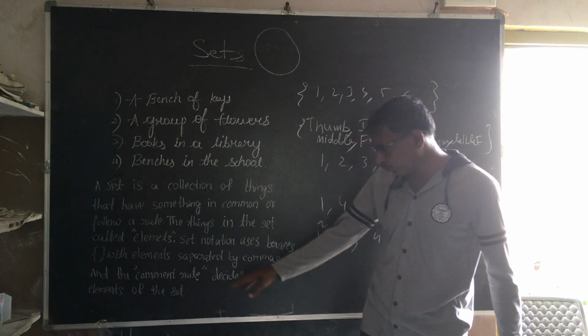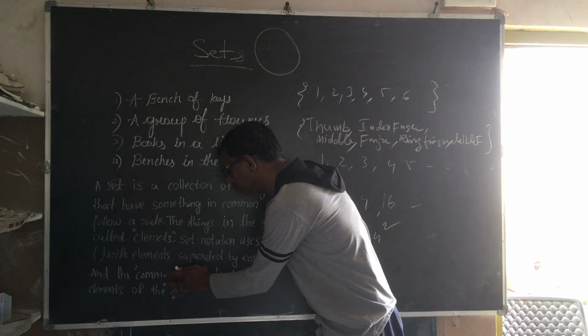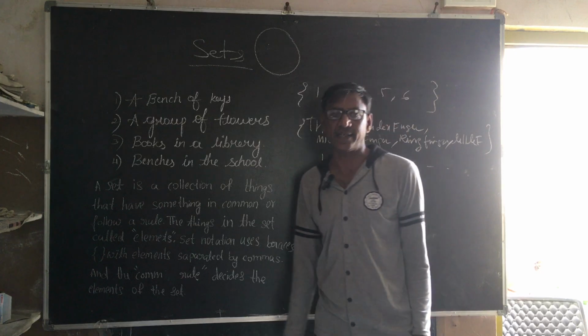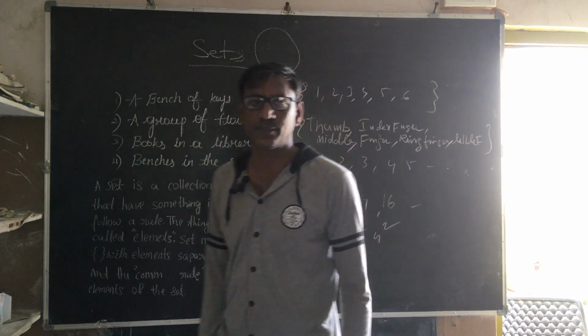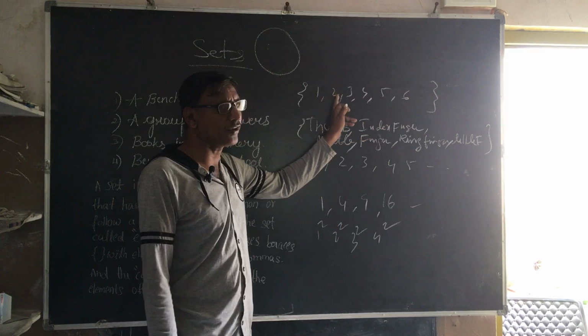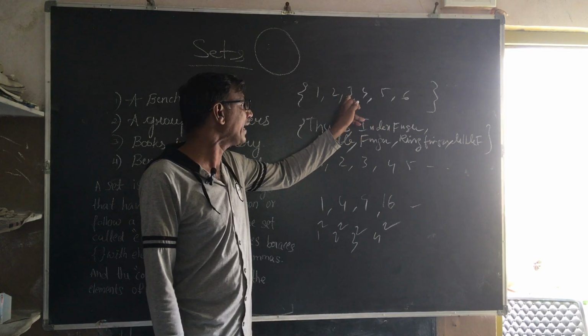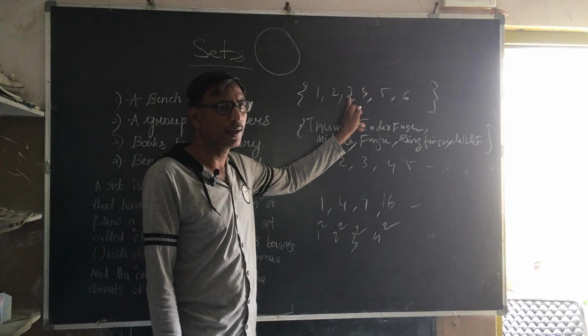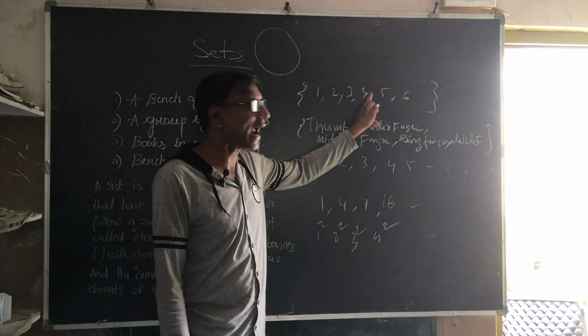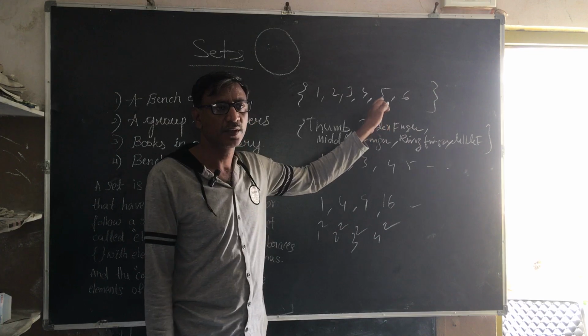The common rule decides the elements in the set. What is the common rule here? By adding 1 we are getting this one, by adding 1 we are getting 4, by adding 1 we are getting 5.